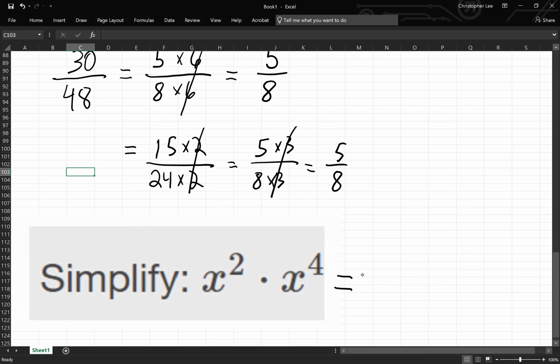What does this become? Right, x to the six, right? And how do we get that? Anytime you're multiplying exponents, you add their powers, right? So 2 plus 4 gives you your 6. Questions on this? Anybody? Good. All right, let's keep it going.